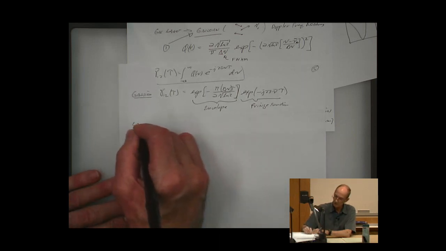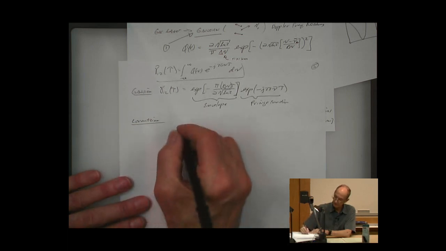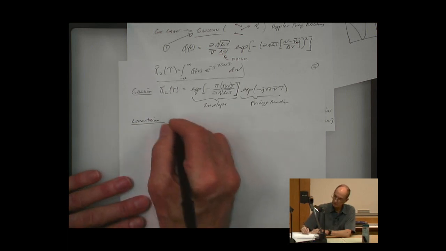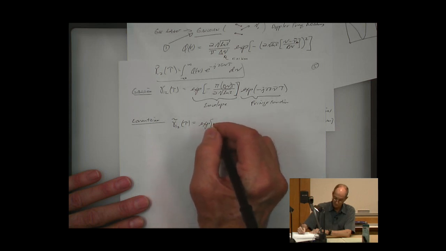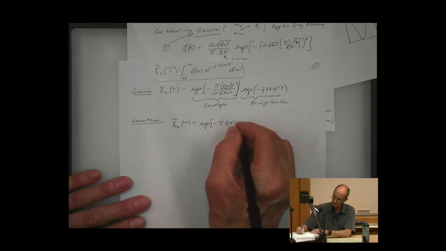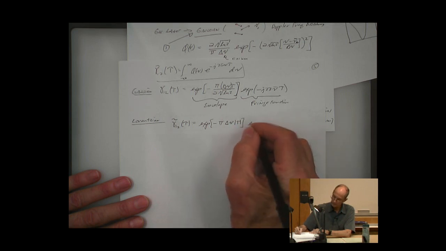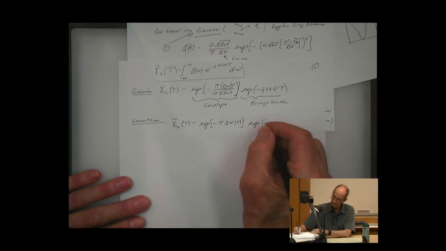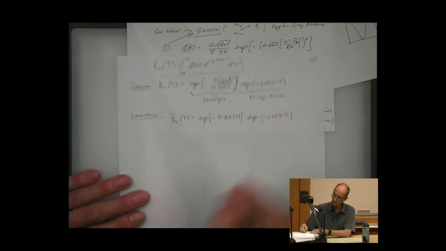For the Lorentzian, we have gamma 1, 2 of tau, and again an envelope function, a different one this time, exponential of minus pi delta nu and magnitude of tau, times, again, exponential of minus j 2 pi nu bar tau, so the same kind of oscillation.